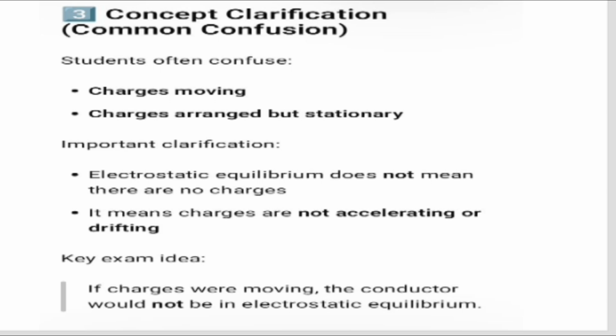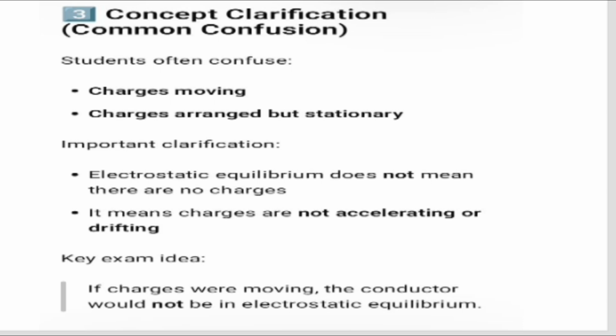It's like a bucket of water sitting there: it doesn't mean there is no water inside, just that there is no flowing of water. The same applies to the charges. The key exam idea is that if charges were moving, the conductor would not be in electrostatic equilibrium. That's a concept clarification that you should know.